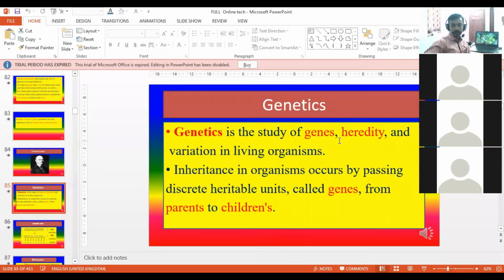Next, we are going to systematically study genetics: the study of genes and heredity, and variations in organisms.